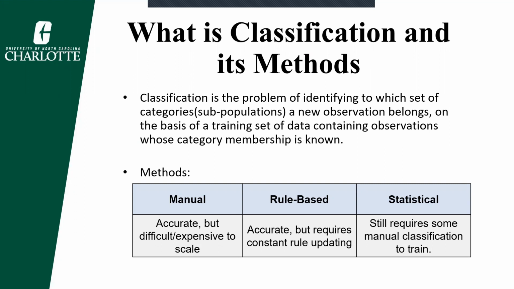So it is very time consuming to update the rules every time. And the third one is statistical. Statistical requires some manual classification, but it is better than manual and rule based. So in this video we will be dealing with the statistical classification methods.